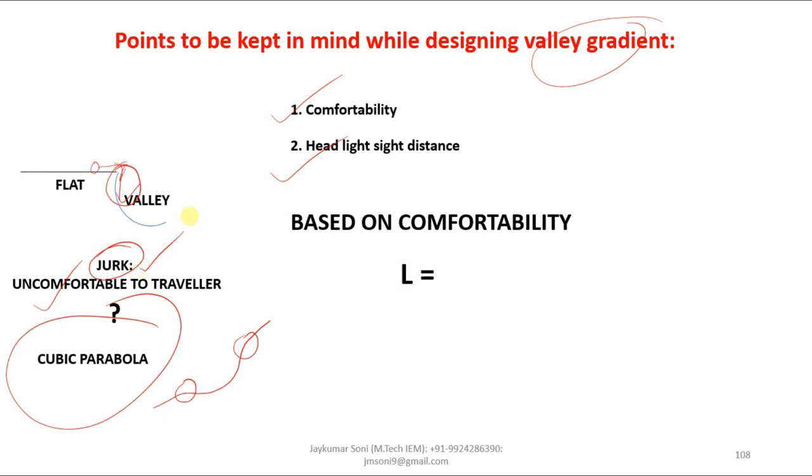So based on comfortability, the equation of L is 2 in bracket N V cube divided by C, raised to 1 by 2.